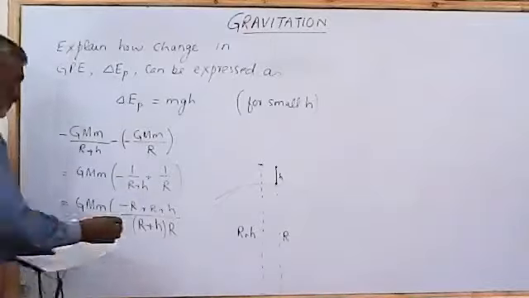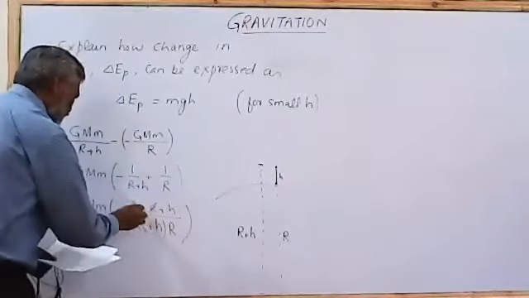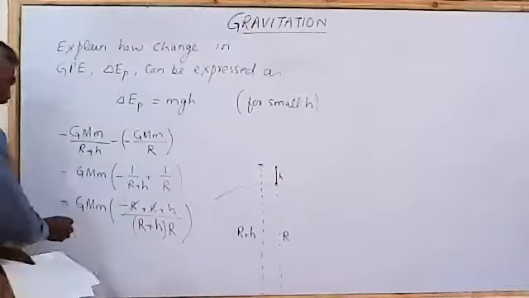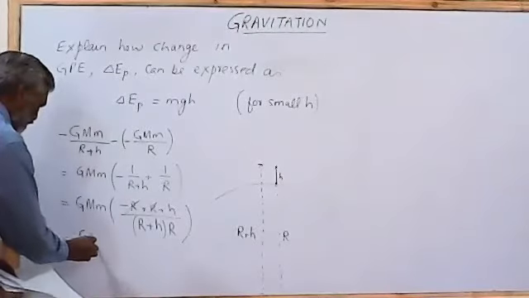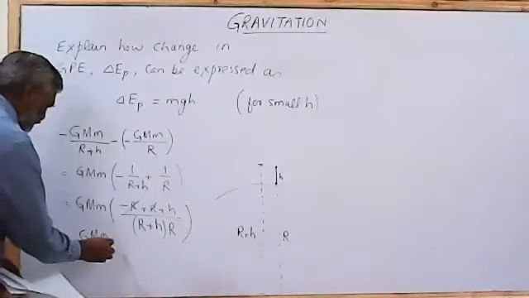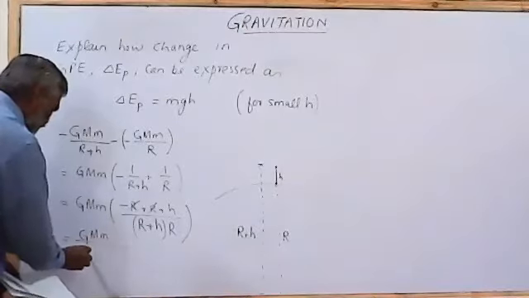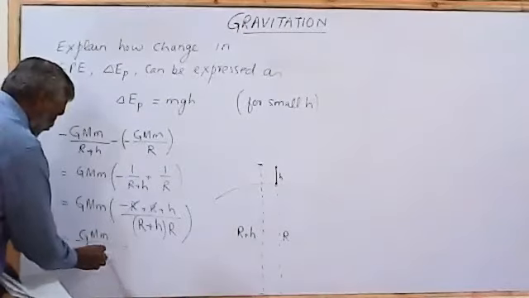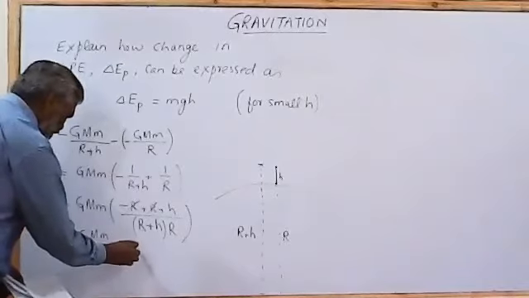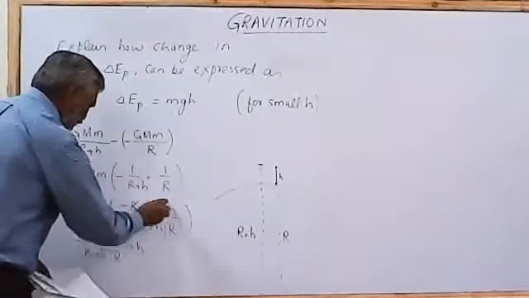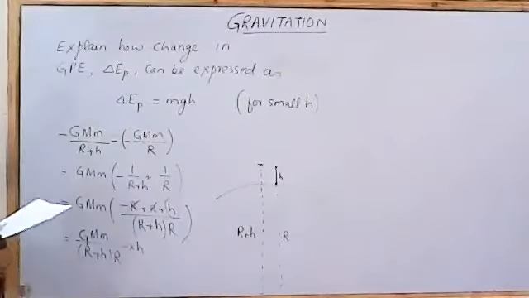So clearly these two R get cancelled and you are left with GMm over R plus h into R, and you have one h here which survives in the numerator.